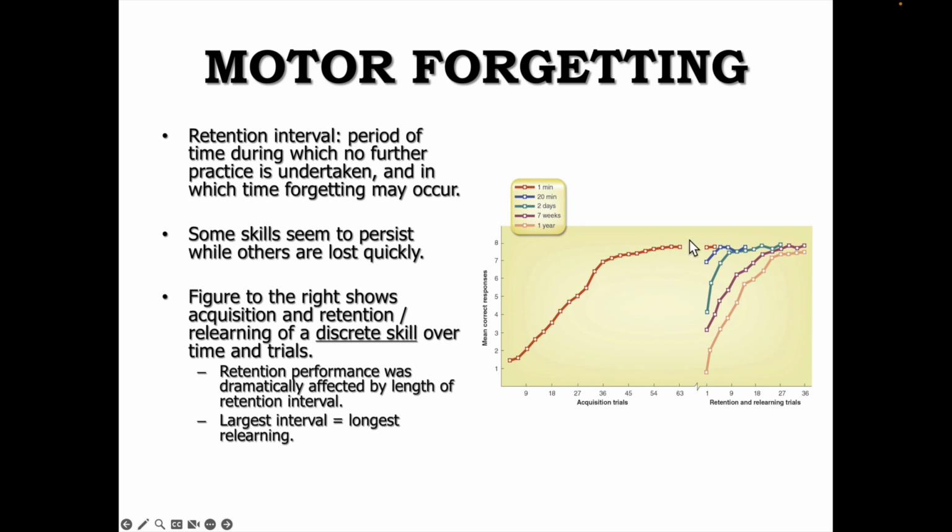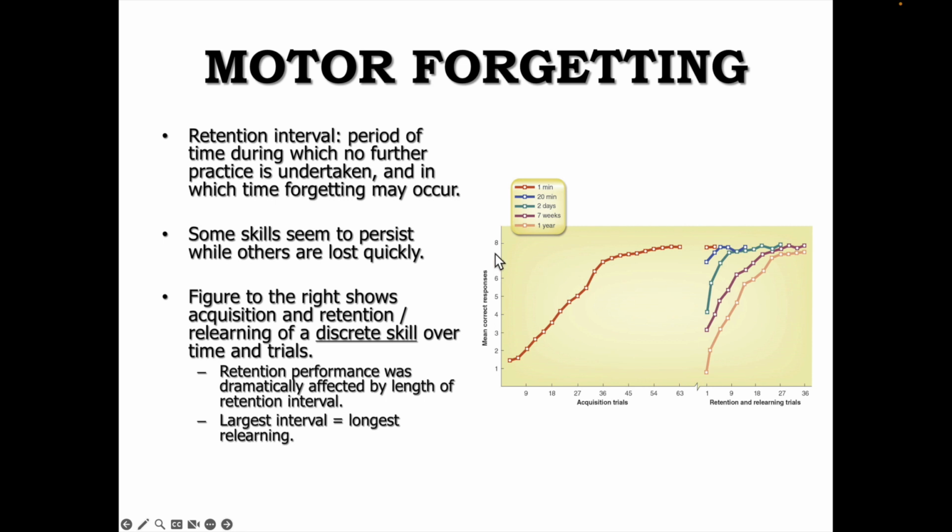Now, after 63 trials there was a pause, and there was a retention interval of a particular amount of time, and then they retested the skill to see how well that particular discrete skill was maintained.